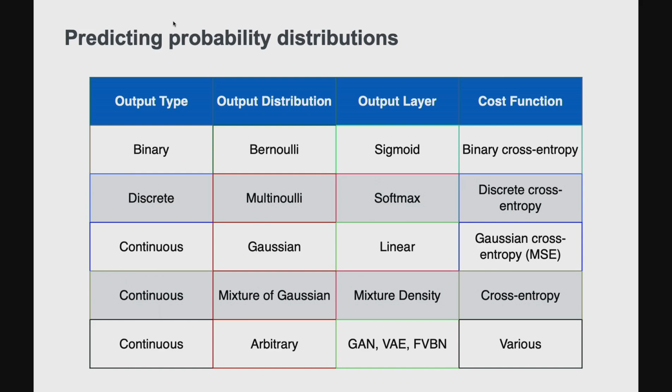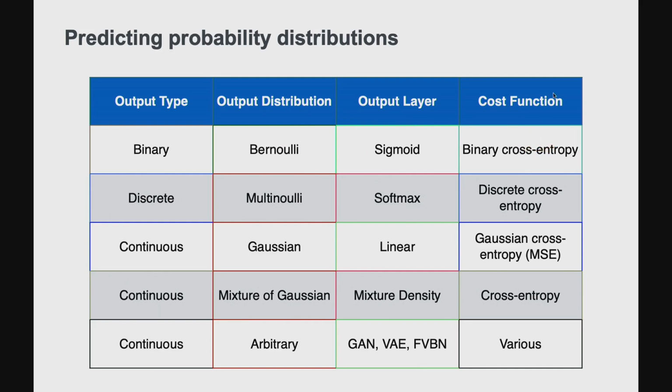Now, here is an overview over the models and the loss functions that we may want to use. What if we want to have a binary output type, so class 1 or class 2? Then we would have a Bernoulli output distribution, and we talked about modeling Bernoullis last time. The output layer would just be a simple sigmoid based on one neuron, and the cost function would be binary cross entropy.